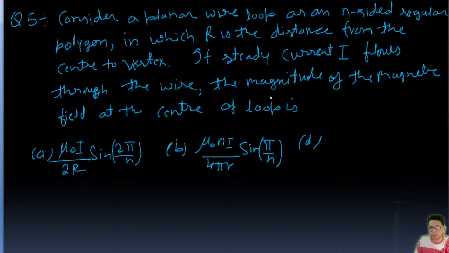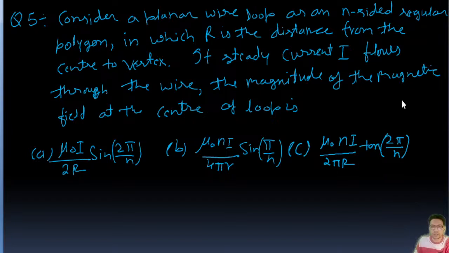Option C is mu 0 nI upon 2 pi r tan 2 pi upon n.